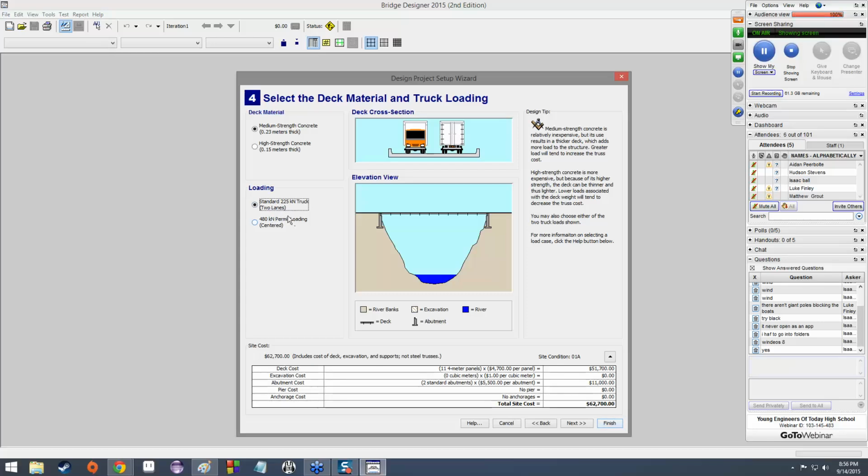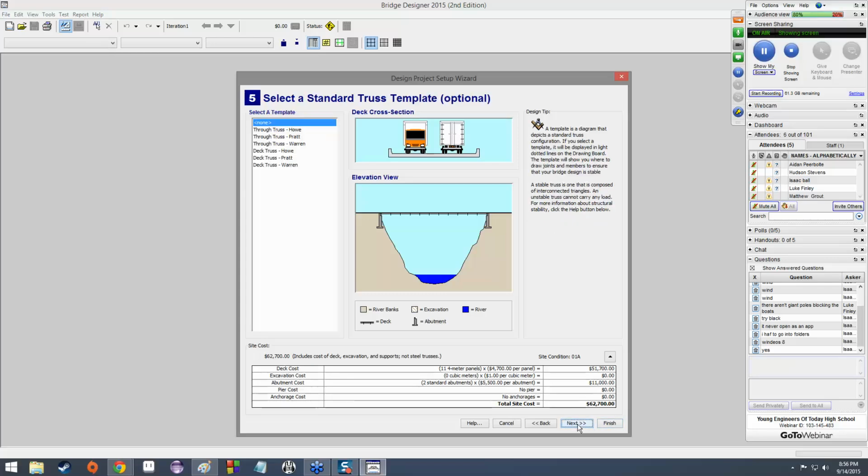So, with all those things in mind, you can click Next. And one final thing. I'm glad I went through all of this just so we can get to the poll questions at the end there. But anyway, you've got through truss and deck truss, and each one of them in 3 different types.